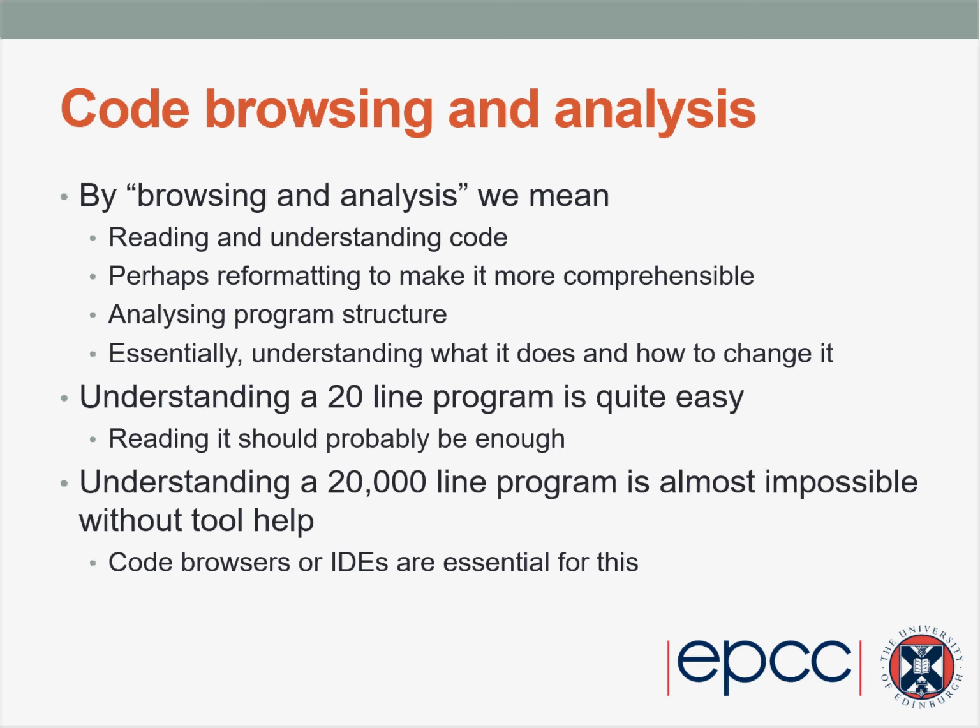So that could be reformatting, that could be highlighting with colours, that could be enabling you clicking through, etc., etc. Now, this may sound unnecessary, particularly if you've spent a lot of time developing small applications, because if you've written a couple of hundred lines of code in a single file, then you don't necessarily need any tools to help you understand or look through or get a handle on what's going on there.